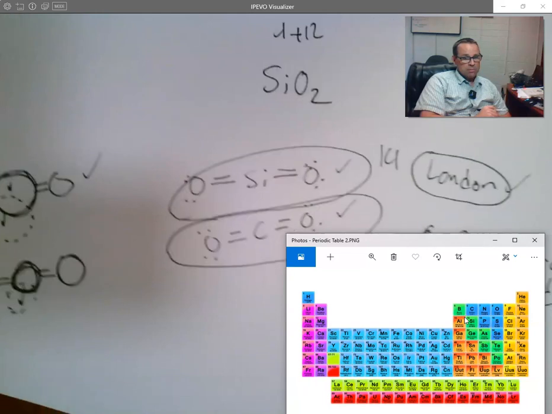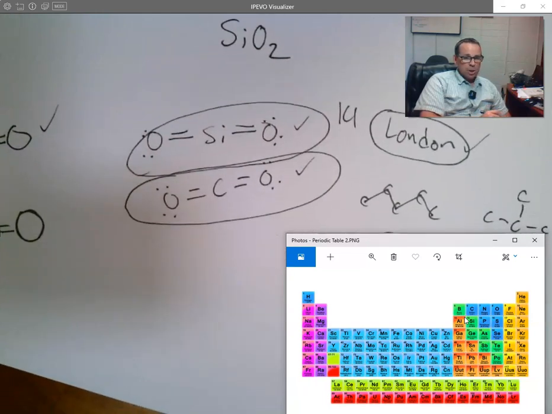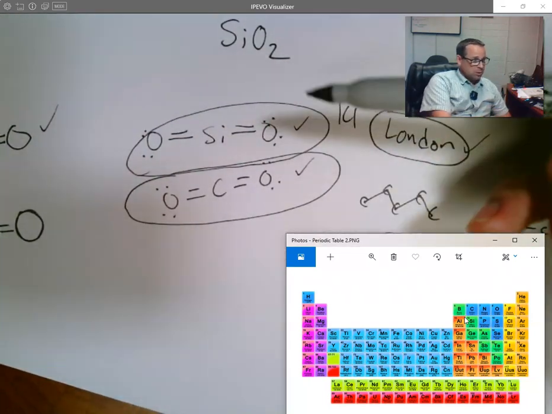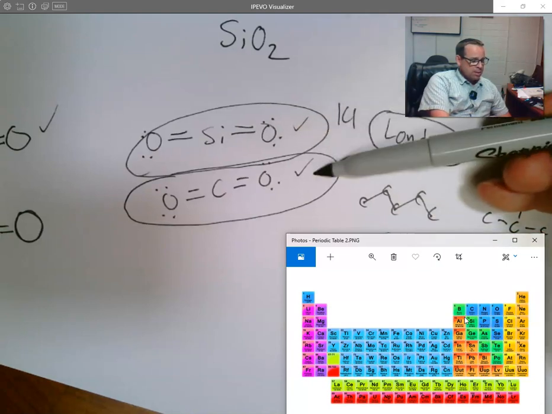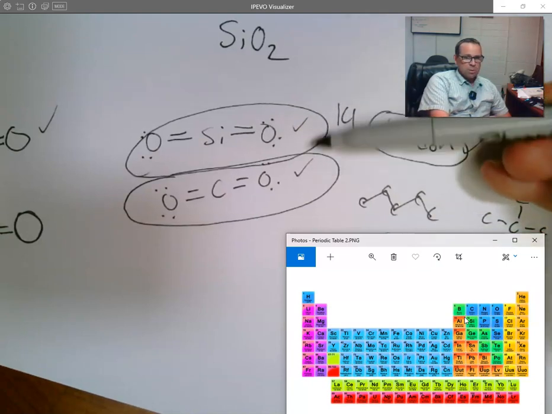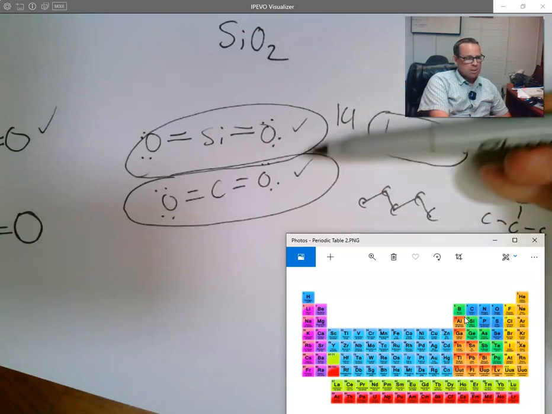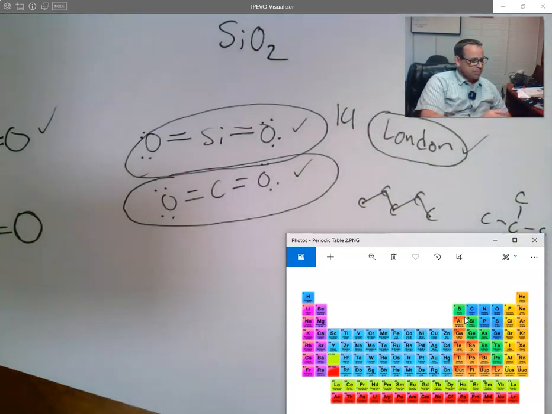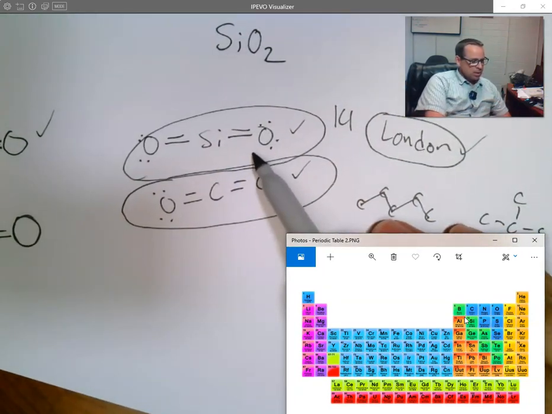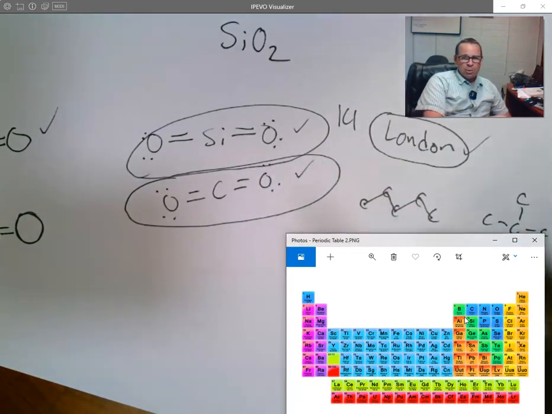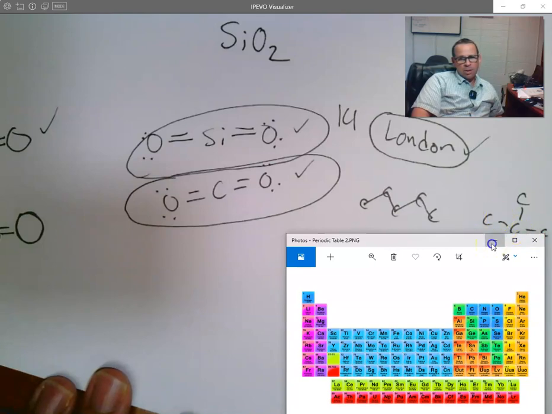So, let's see if that made any sense. Brielle, or we'll stick with Harry here. Harry, which one of these has greater London forces between it? Silicon dioxide or carbon dioxide? Silicon dioxide, that's right. And so another way to generally think about that, just like we said with carbonaceous compounds, right?